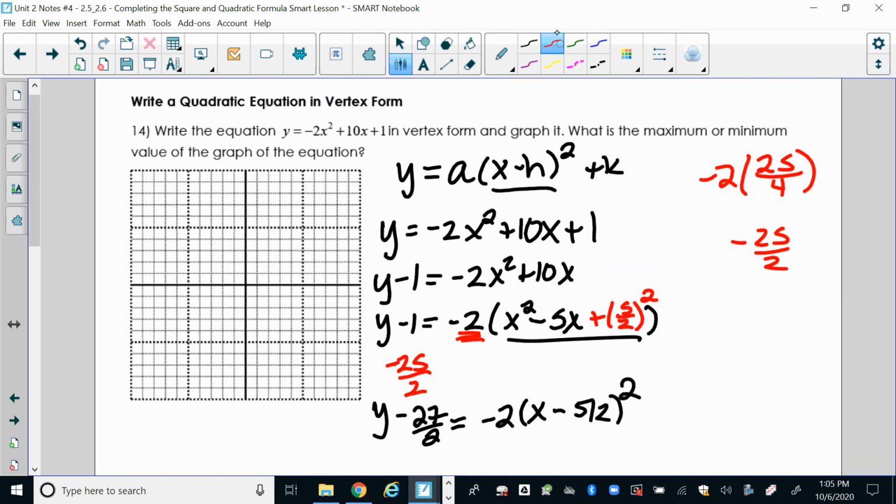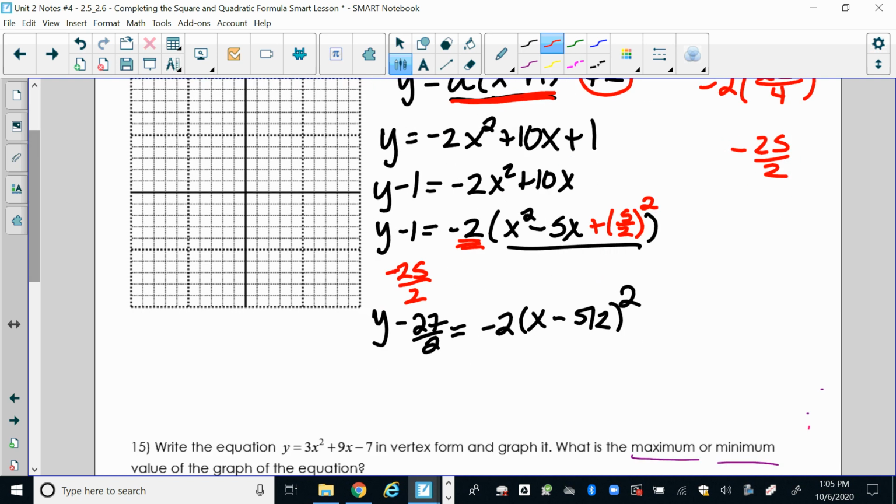We right now have the a times the quantity x minus h squared. We just need to move our k back over. So we add 27/2 to both sides, and we end up getting the equation y equals -2 times the quantity x minus 5/2 squared plus 27/2.